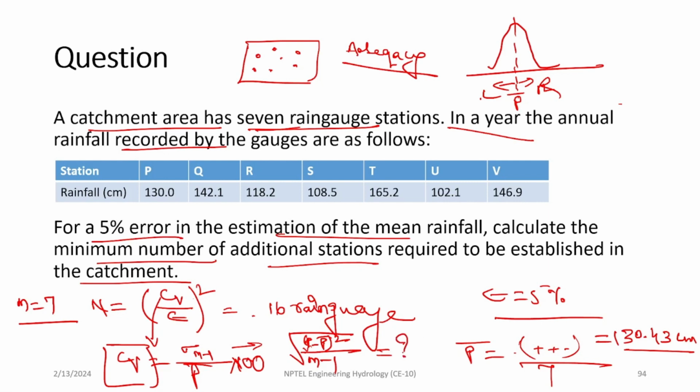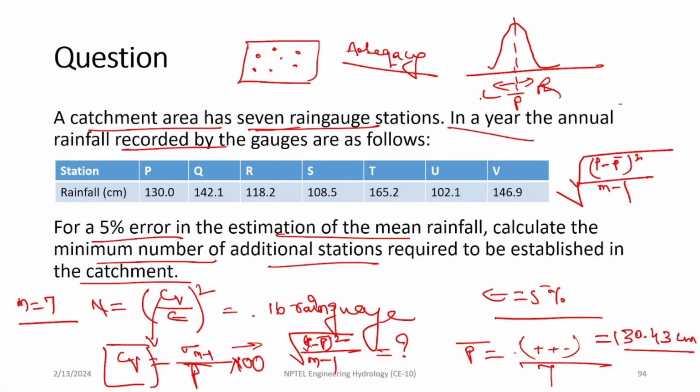And what is the formula? Sigma, square root of, okay, let me write here again. Square root of P minus P bar, to the whole square, divided by m minus 1, entire square root. Okay, yes.